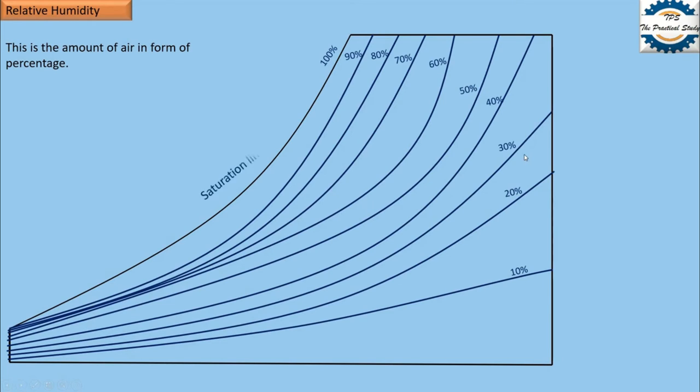Next, move to the next parameter. And guys, one point to notice is that this is the saturation line where the humidity is 100%. That means air is fully saturated, air is full of water vapor, and there is no more possibility for absorption of more water vapor.